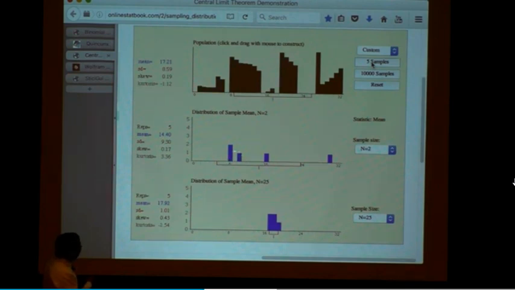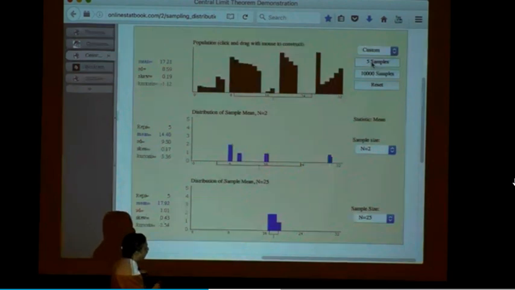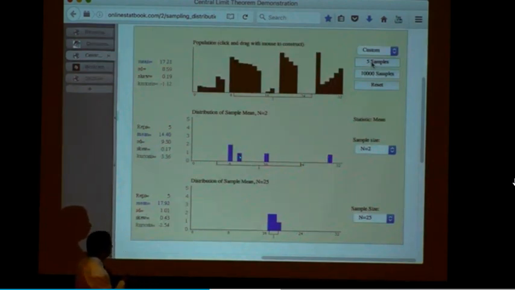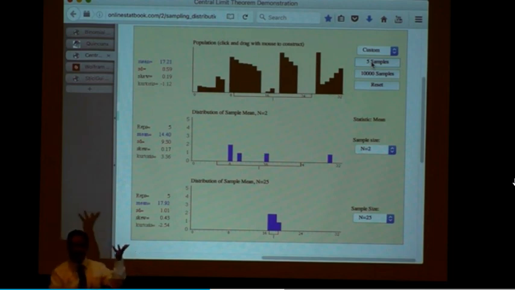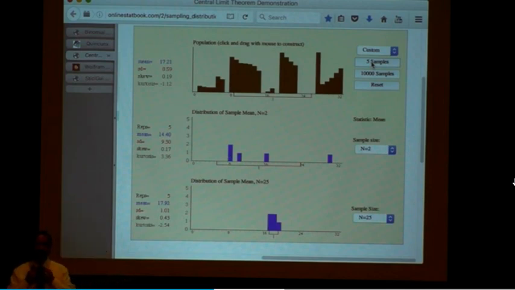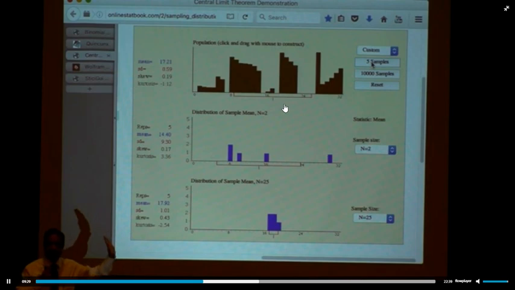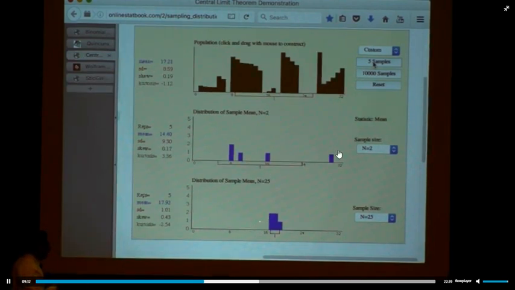For one sample, the average was 10, then 16, and so on. So in total, 5 sample means. That's what this is showing. I want you to understand what I'm plotting first. That's it.